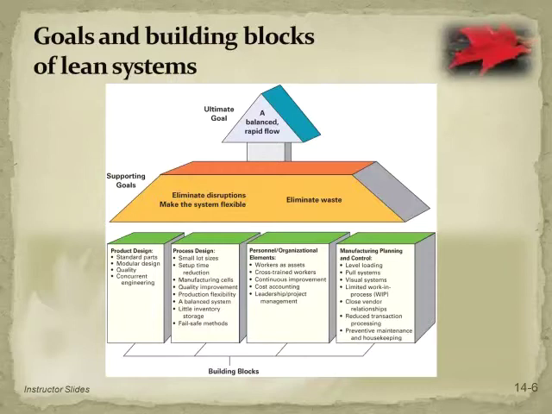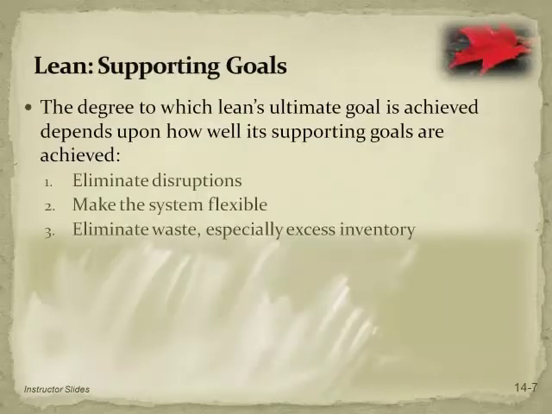And those are product design, process design, personnel and organizational elements, and manufacturing planning and control. And later in the lecture, especially in the B part, we'll see that manufacturing planning and control is abbreviated with the three-letter acronym MPC.